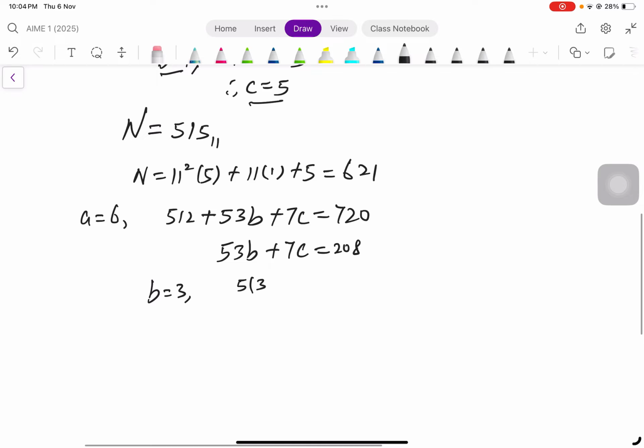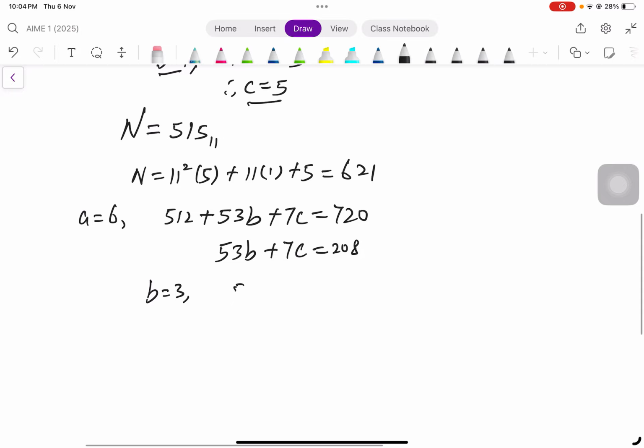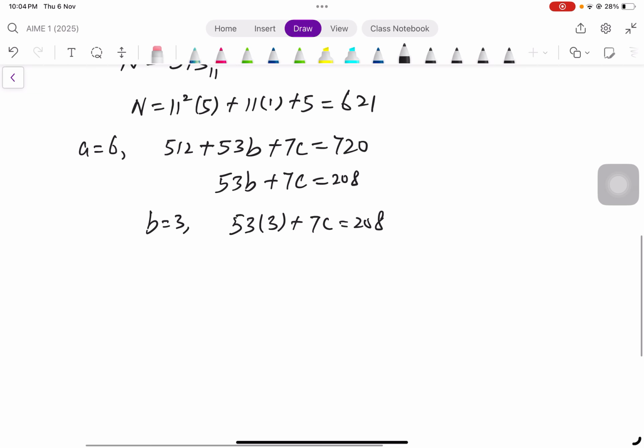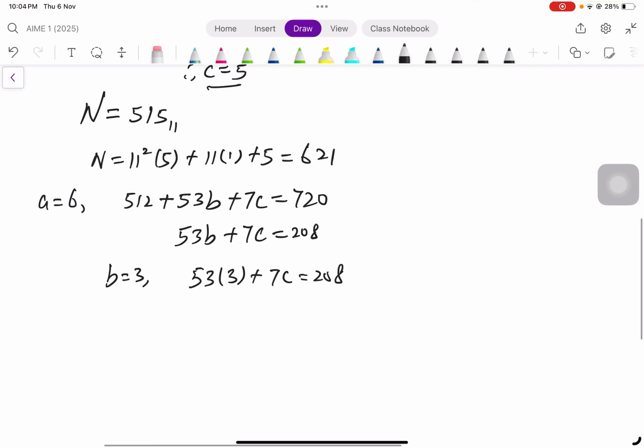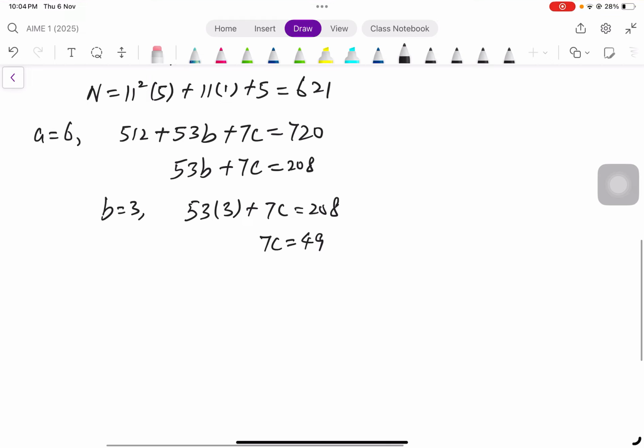You can check that if you take b equal to 3, then 53 times 3 plus 7c is equal to 208. Then 7c is equal to 49, and c is equal to 7.